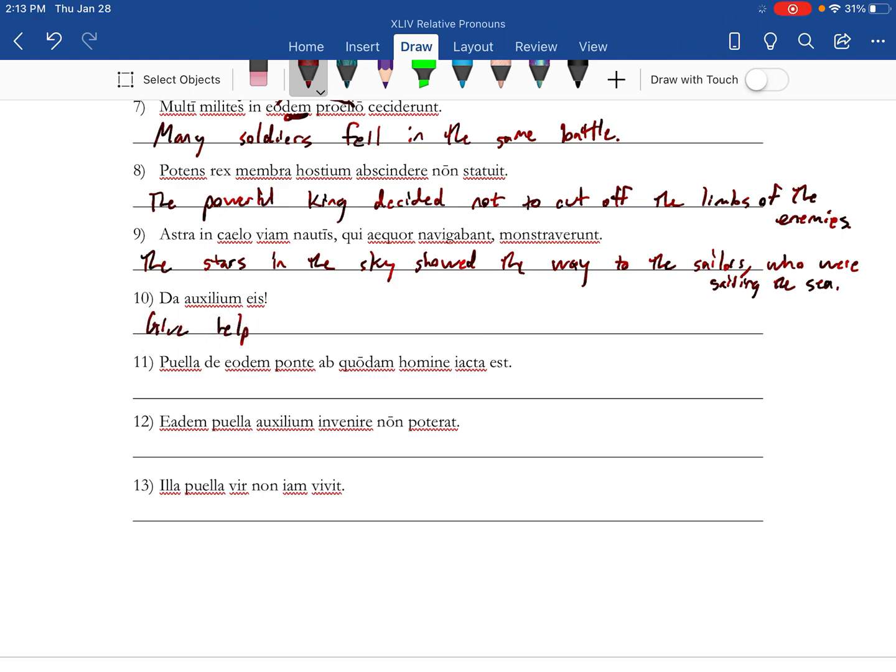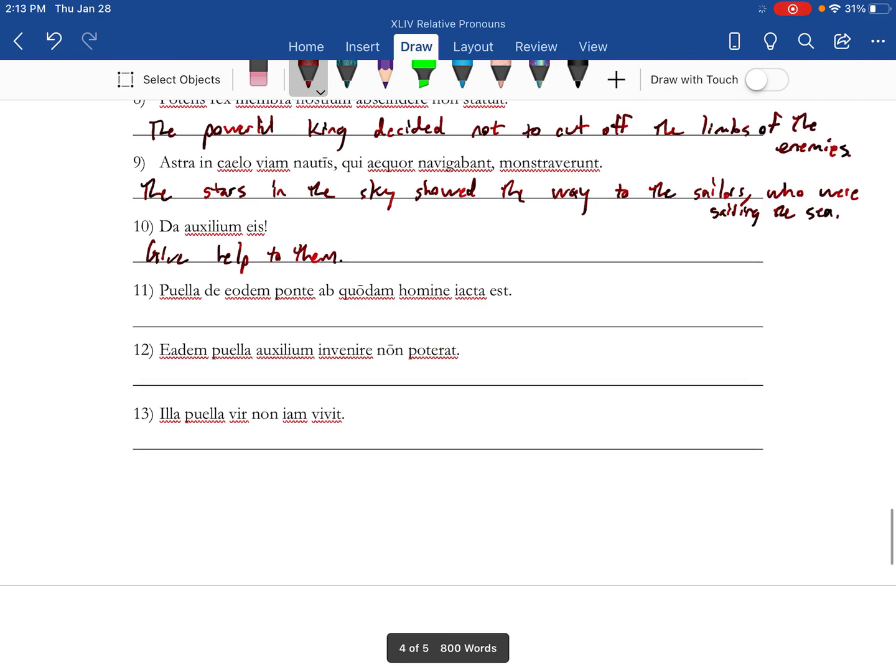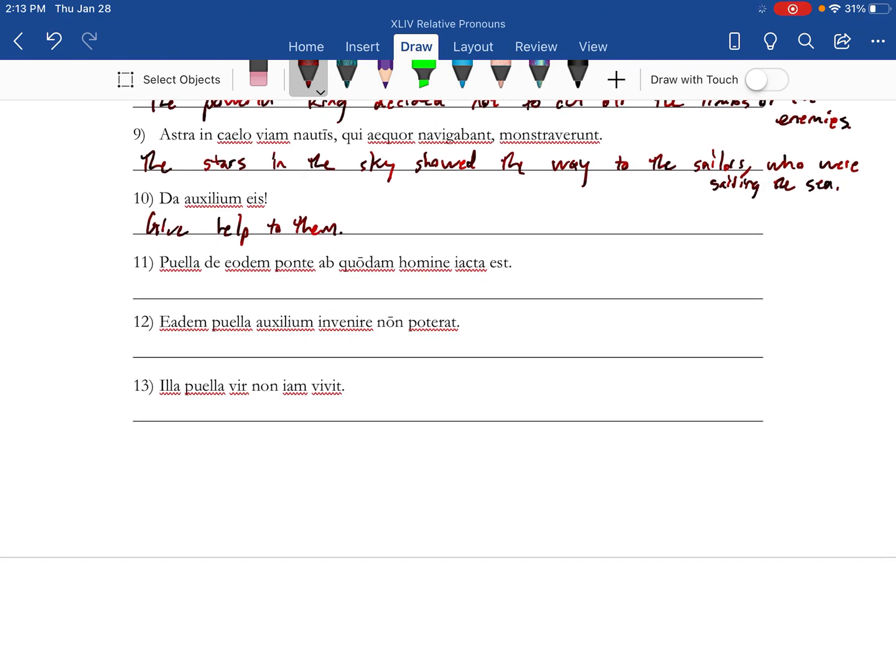Give help to them. So another dem, the O ablative is matching up with ponte, ablative of the bridge.